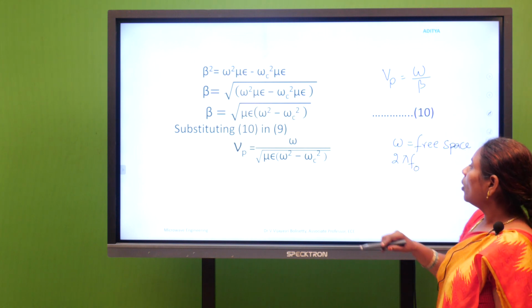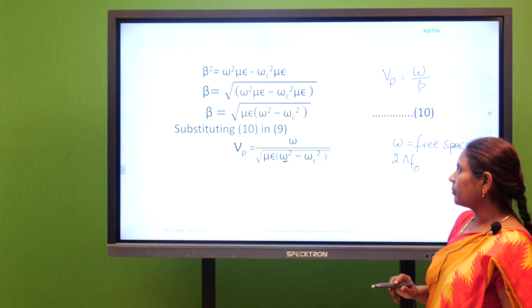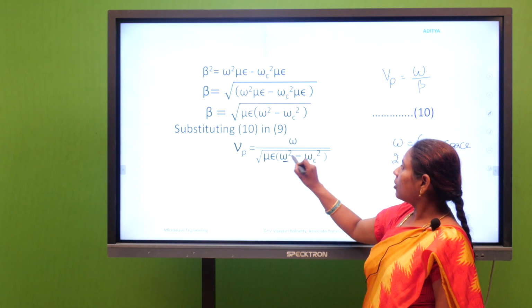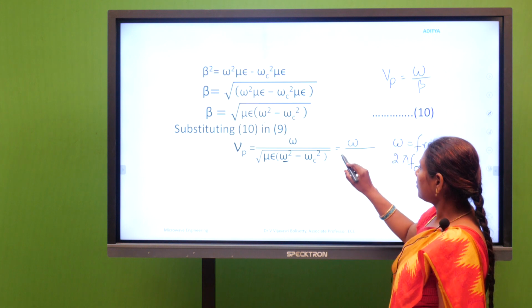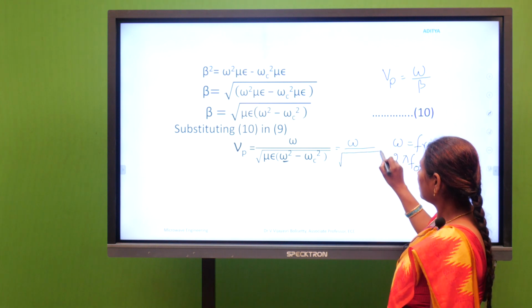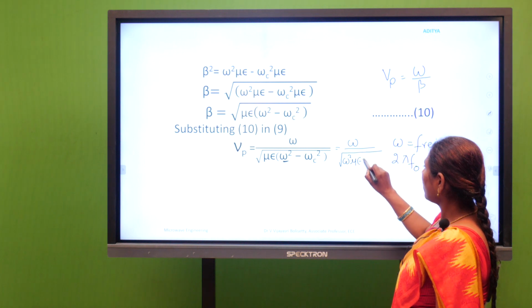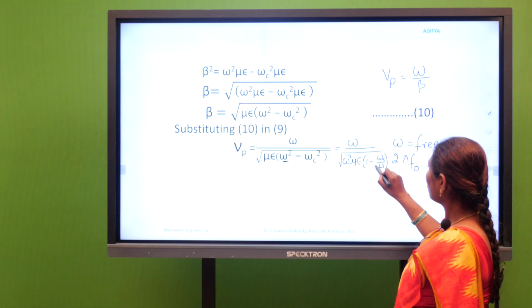If you take omega square common from the term under the square root, then we are going to get omega by, omega square mu epsilon taken as common, it becomes 1 minus omega c by omega whole square.